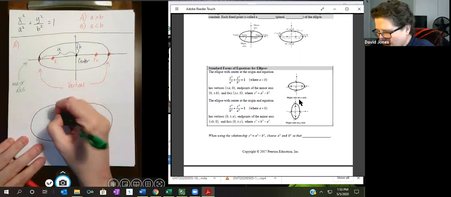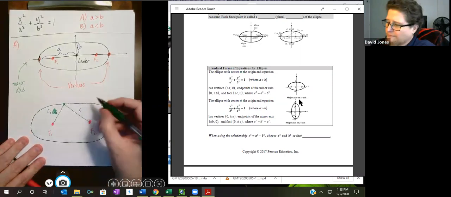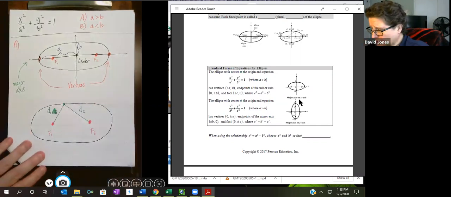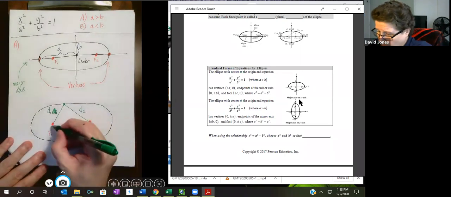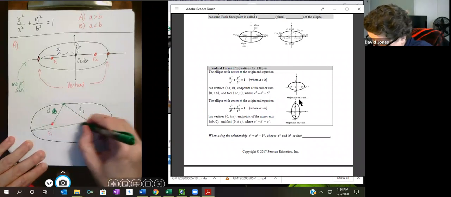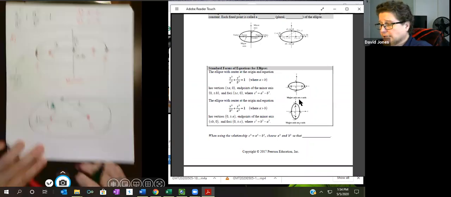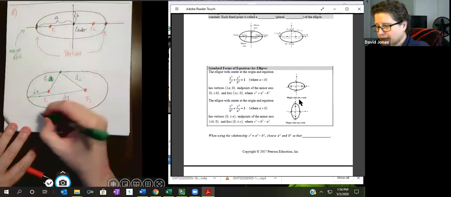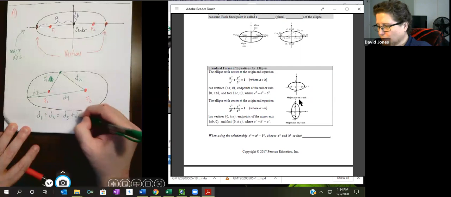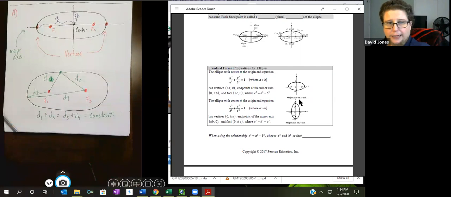Let's call these D1 and D2. And we can pick a different point, we can do it way over here. Call this D3 and this D4. And it doesn't matter where I do this, D1 plus D2 equals D3 plus D4. It's some fixed constant value. Okay?